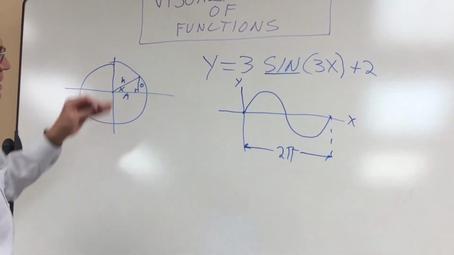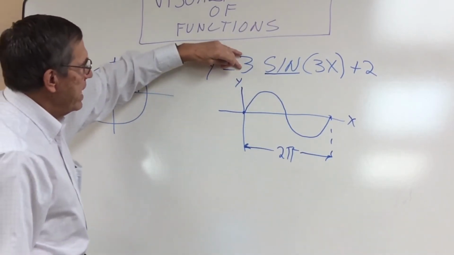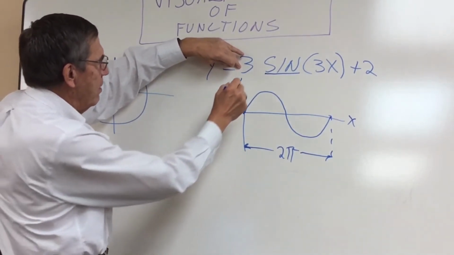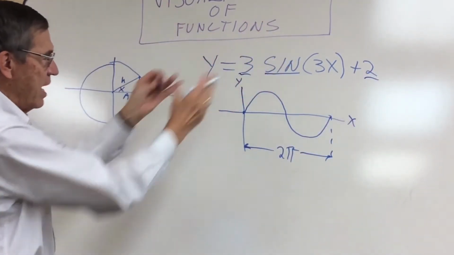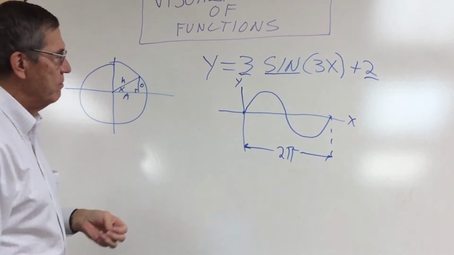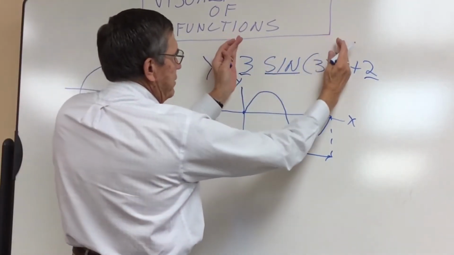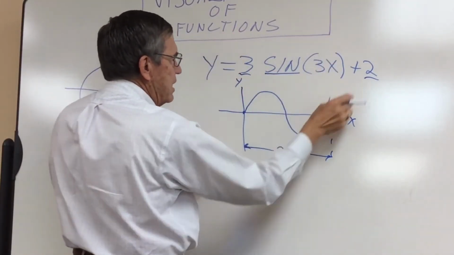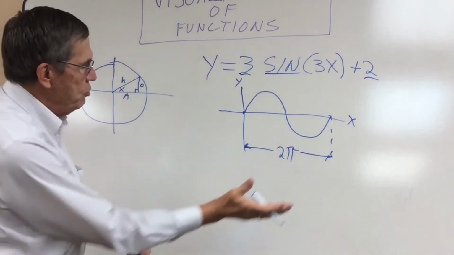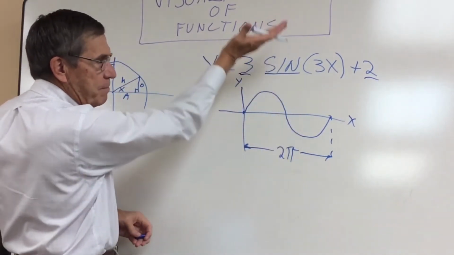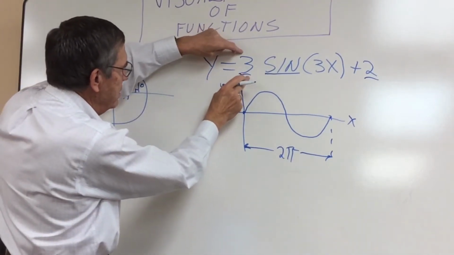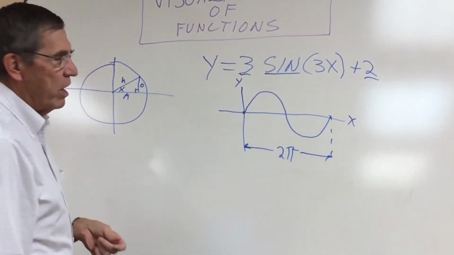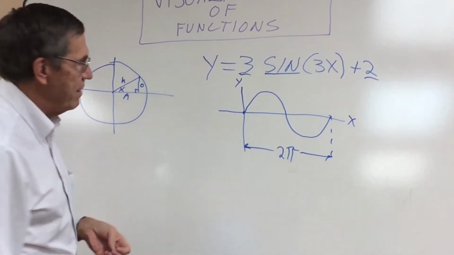Now, we have two modifications here and here that are outside the sine function. Let's see what they would do. Well, if I look at this and say whatever this is, I'm going to add 2 to it. 2 just means we raise it up 2 units. Okay? And this, the 3, stands for the amplitude of that function.